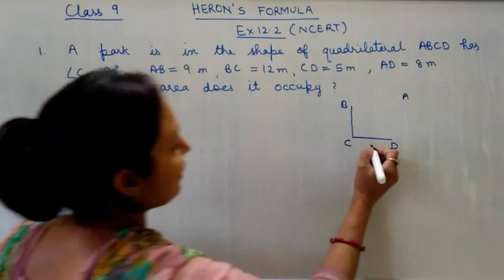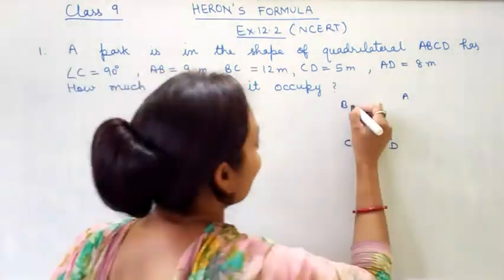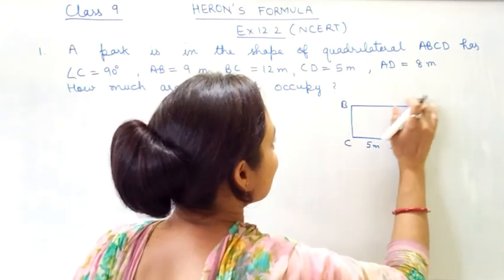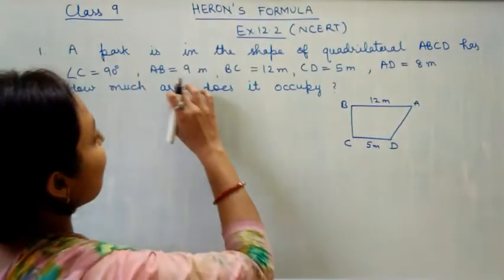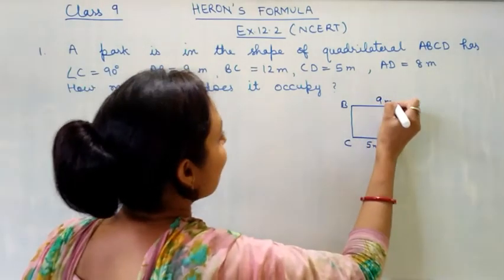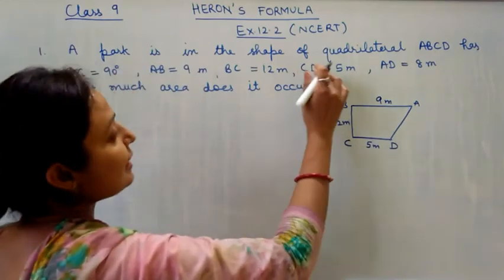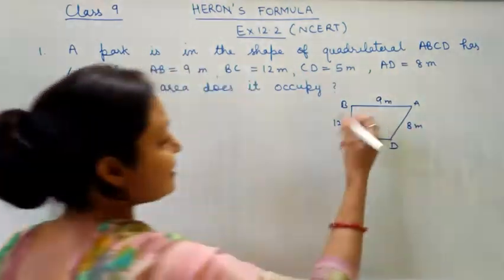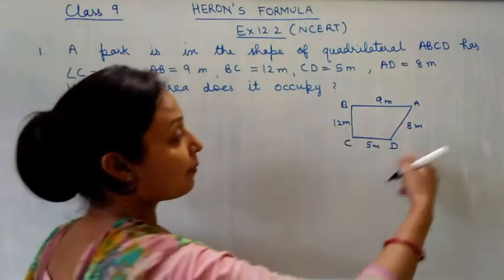CD is equal to 5 meter and AB is 9 meter, BC is 12 meter, CD is 5, AD is 8 meter. This is the diagram and you have to find the area which is occupied by it.